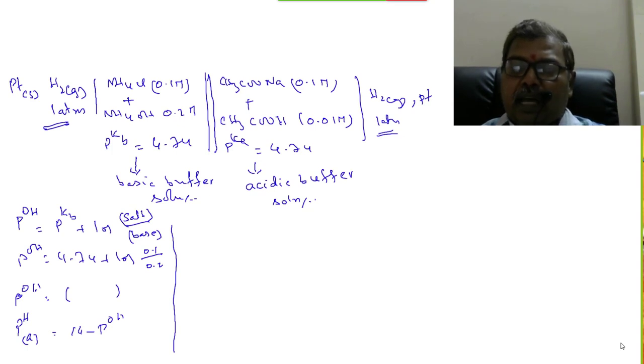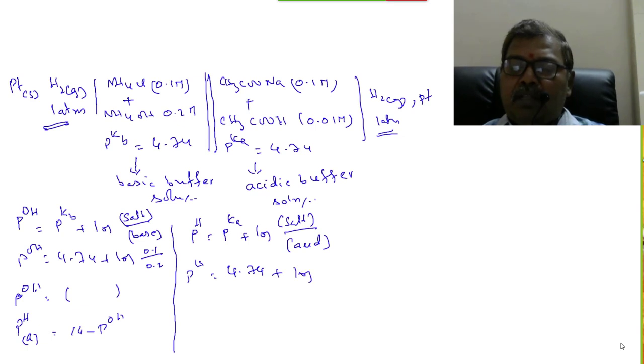Next, in the cathode half cell, directly an acidic buffer solution is there. Use this formula: pH equals pKa plus log of concentration of salt by concentration of acid. Here pKa of the acid is given, 4.74, plus log salt concentration 0.1 and acid concentration 0.01, and you simplify this.